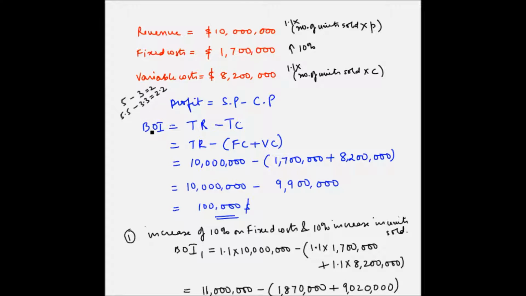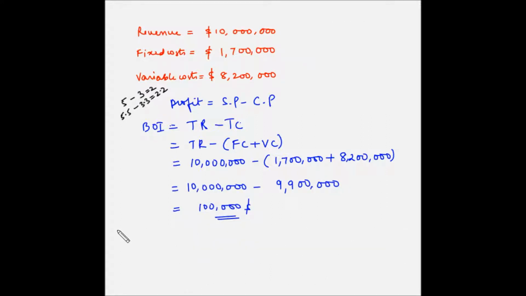Now let's take the second case, which is an increase of 5% in fixed cost and decrease of 5% in variable cost. So let's find out what will be the impact of that change on the budgeted operating income.